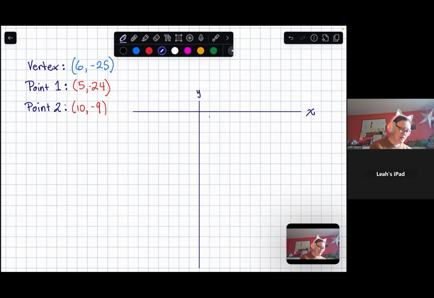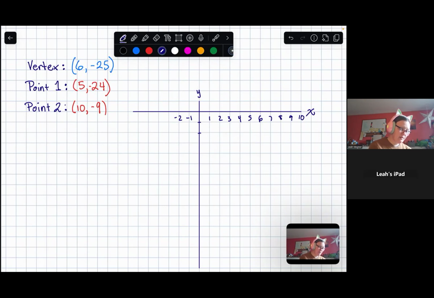So let's count. I've got 1, 2, 3, 4, 5, 6, 7, 8, 9, 10. Ooh, just enough. I don't need anything in the negatives over here, but I'll label them just in case. Now, I think I won't be able to get to negative 25 on my y-axis with a 1-by-1 scale. So I think I'll scale by 2s.